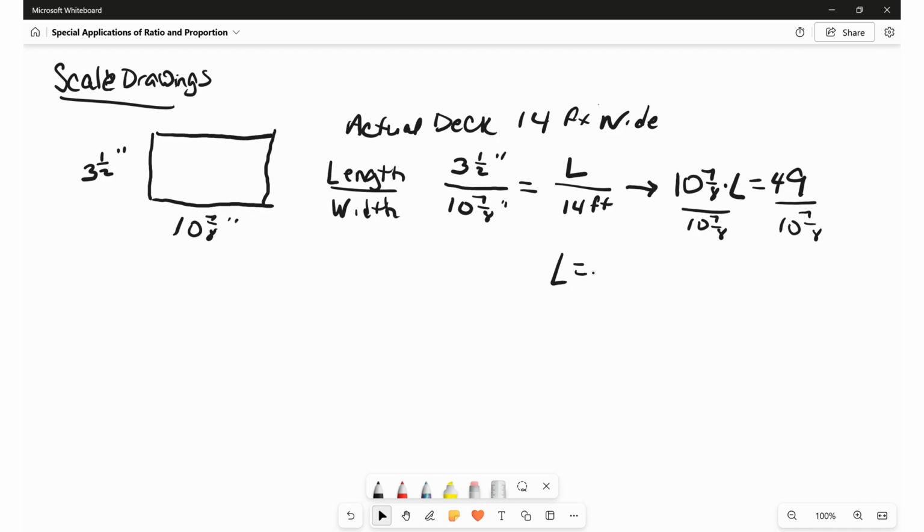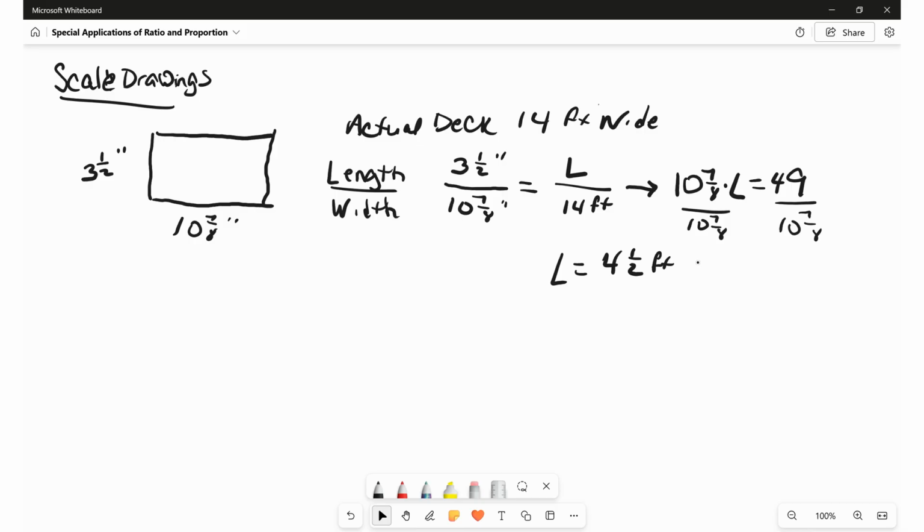So we have 49 divided by 10 and 7/8, and that gives us that the actual length of our deck is going to be 4.5 feet long.